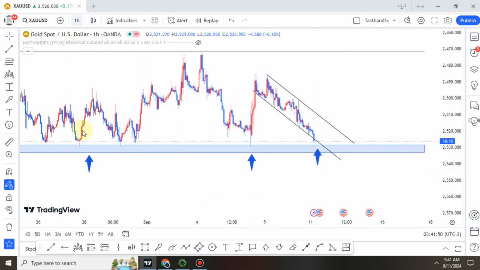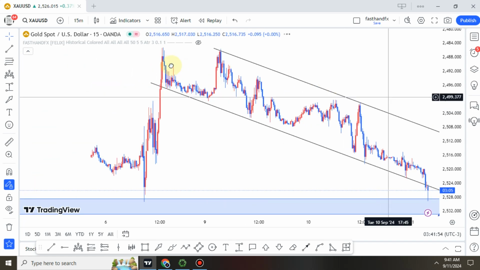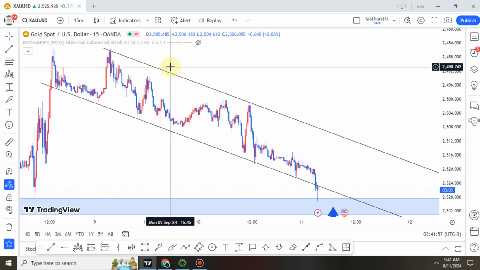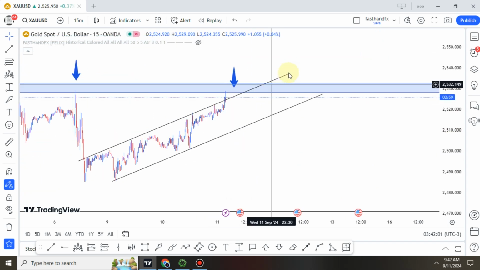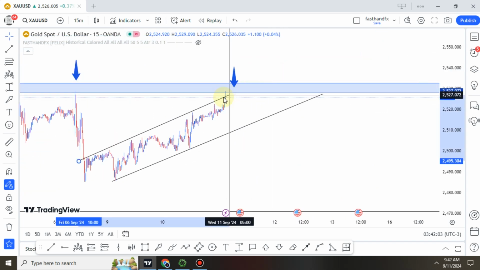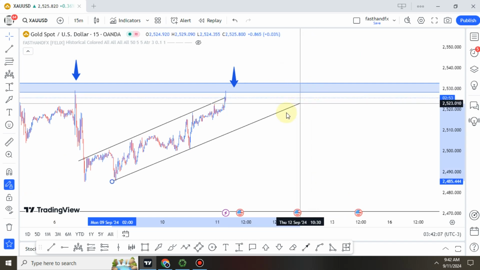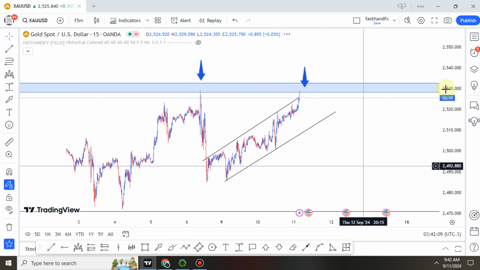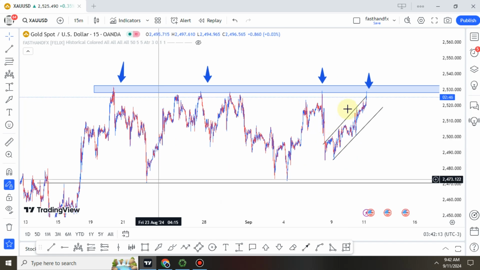So let me take it to the 15 real quick. Remember, the screen is flipped, guys, don't get confused. Right there, this is how the market is basically. So my question is, why is price giving us this kind of a move?